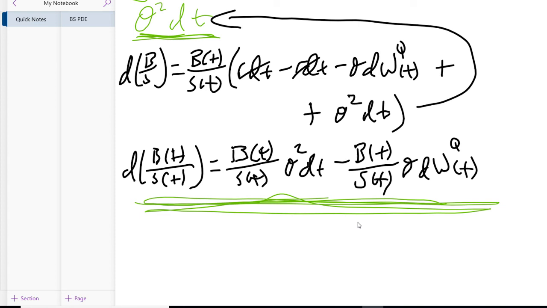So that is this. It's a process with S as numeraire, but still under the measure Q.